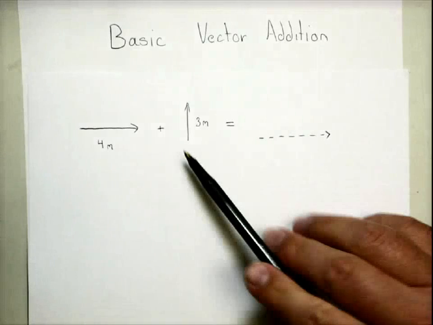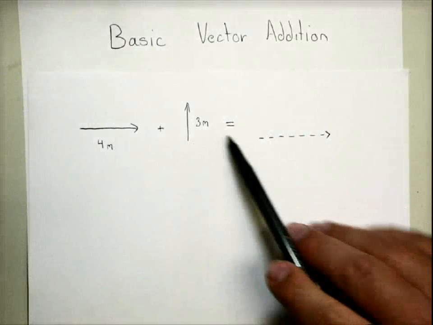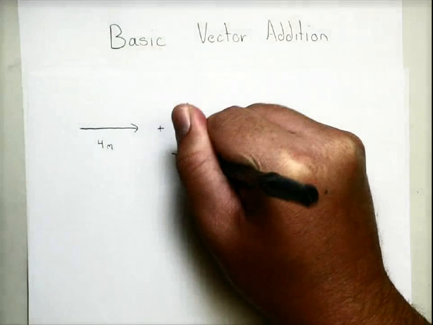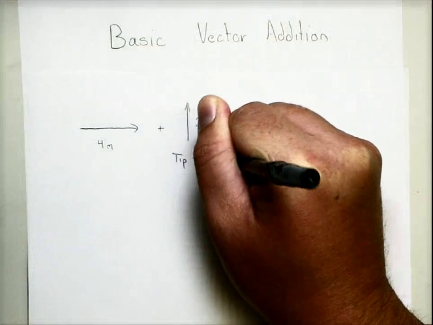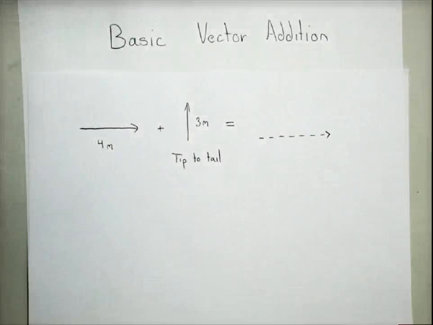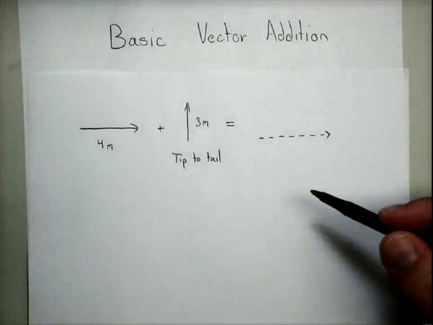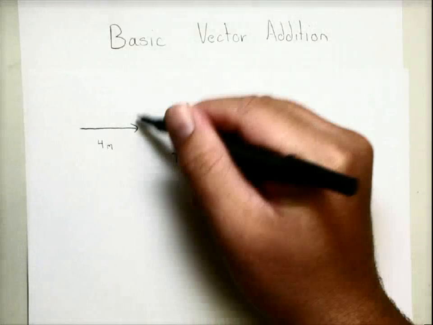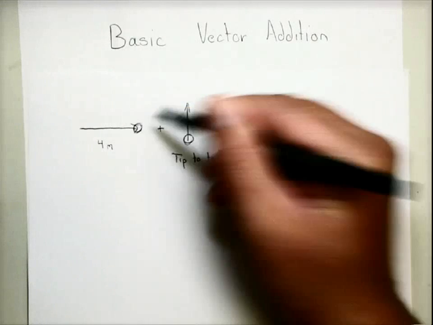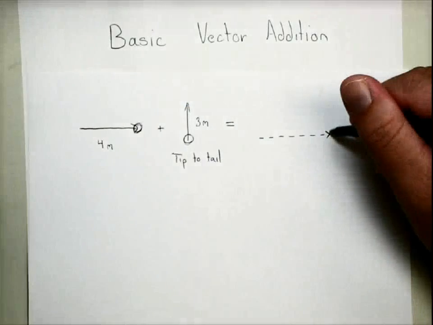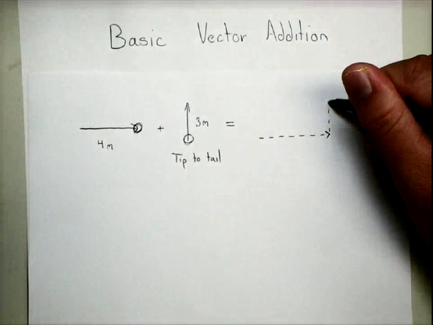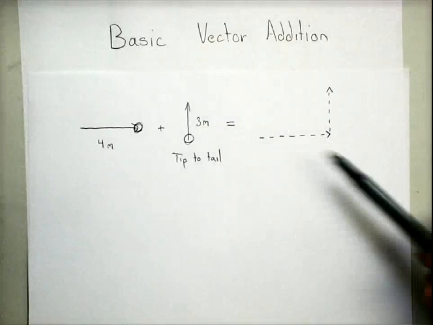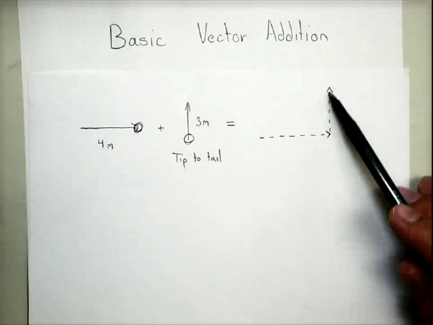And we're going to take this other vector and we're going to put it tip to tail. So that's tip to tail with the other. So I'm going to take the tail of my 3 meter vector and put it against the tip of my 4 meter vector. And I'm going to draw the 3 meter vector over here, again with a dashed line. So now these are arranged tip to tail.